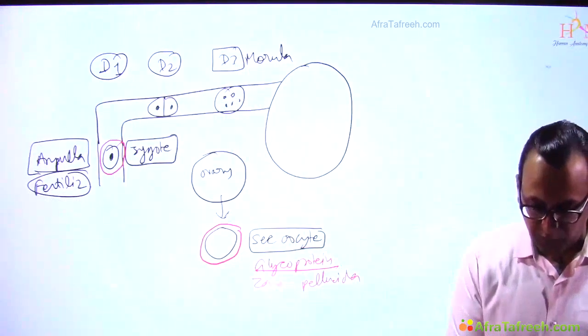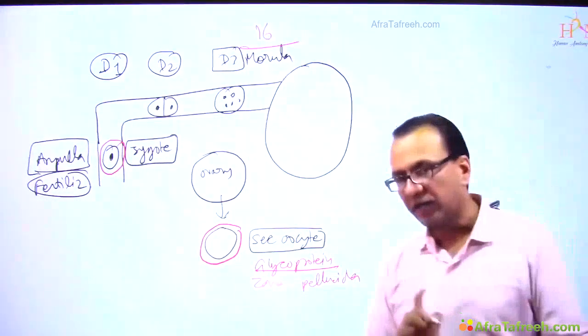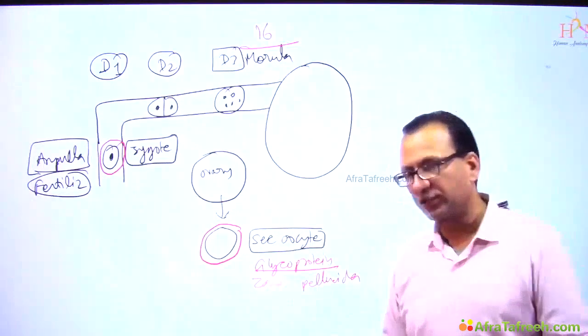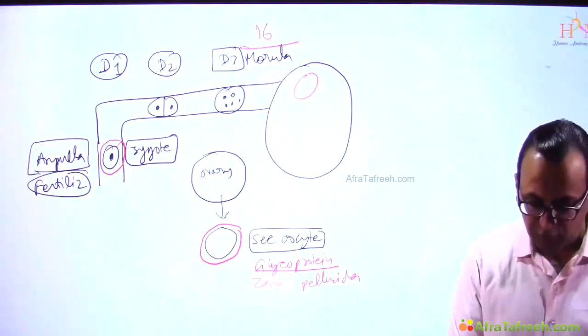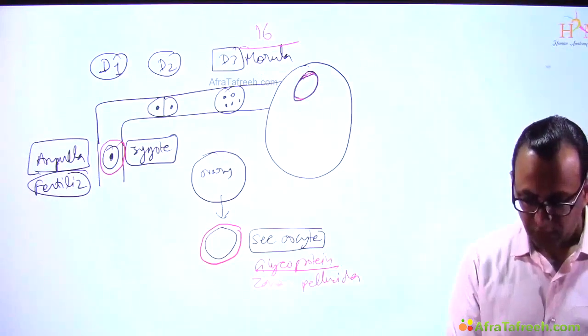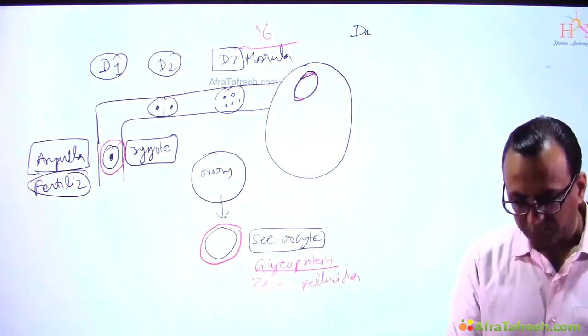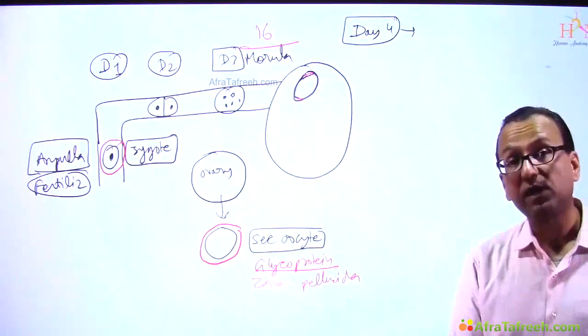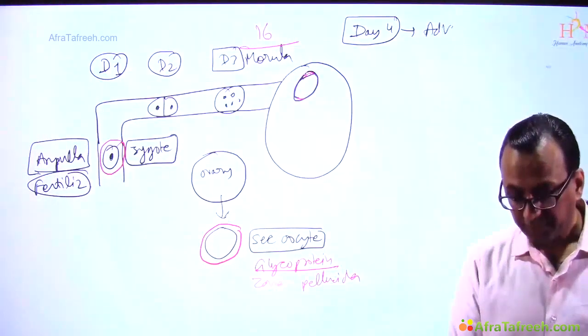Now when you say morula is 16 cell stage, understand more than 16 cell stage is called the advanced morula. This is day number 4, and it is called the advanced morula.